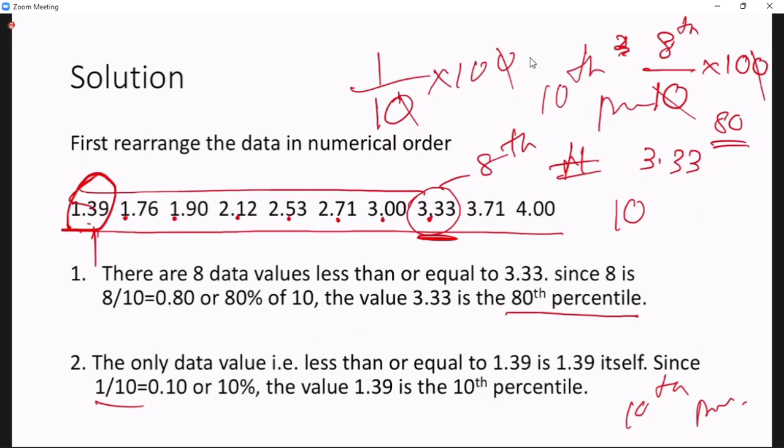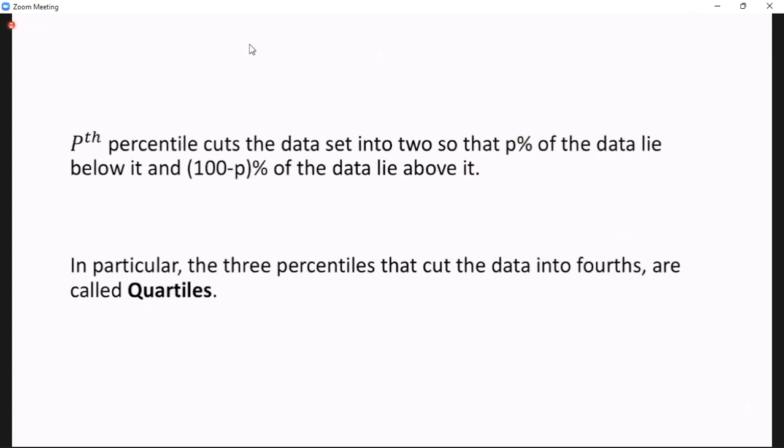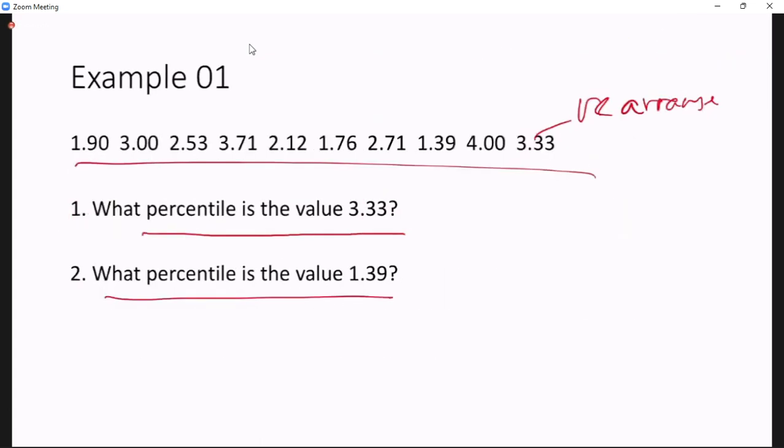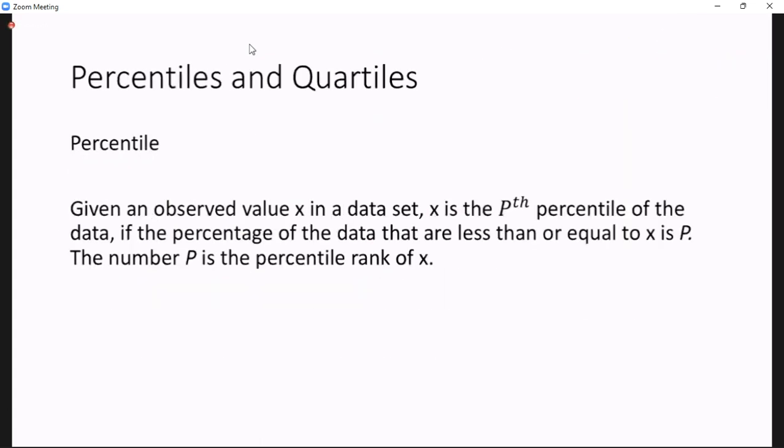Is that clear, guys? Are you clear about how to find the percentile value? It's really easy. What you need to do is find or pick that value first, and count how many elements in the data set are less than or equal to the given value.